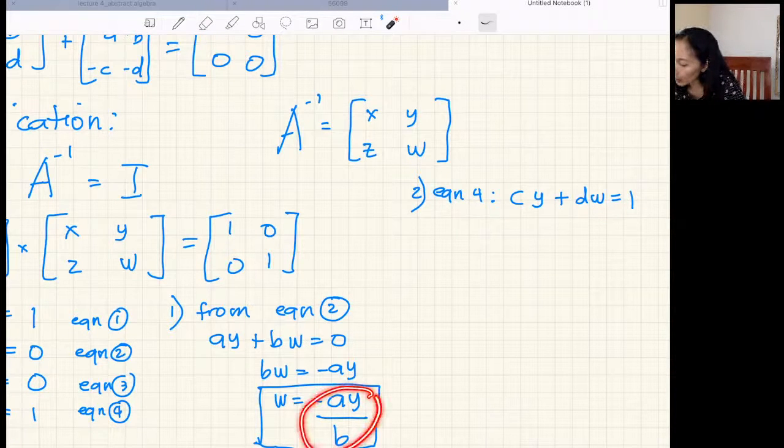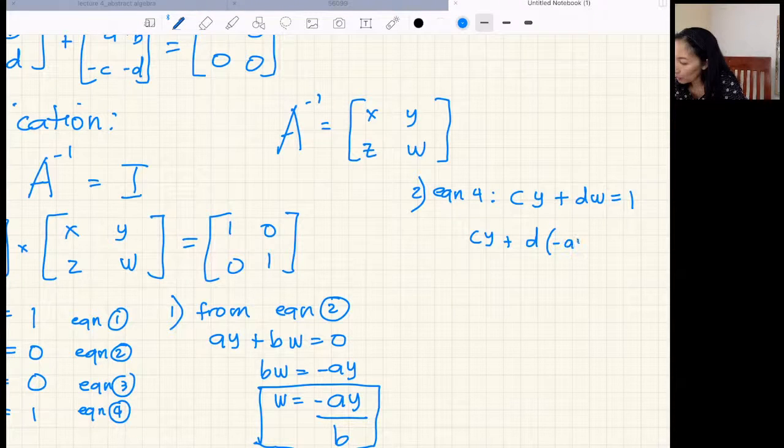So, I will have to write here now CY plus D times W, which is negative AY over B, is equal to 1.